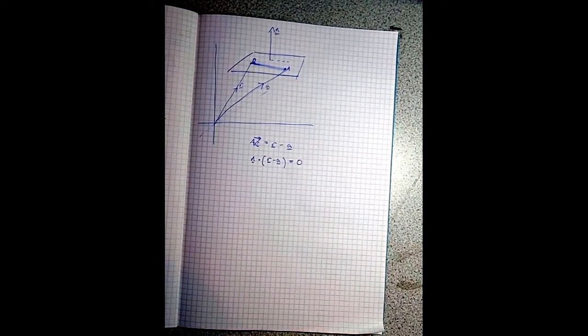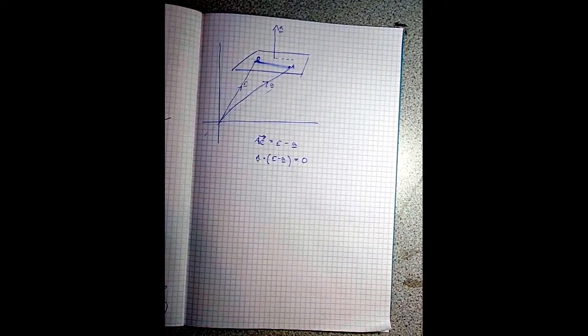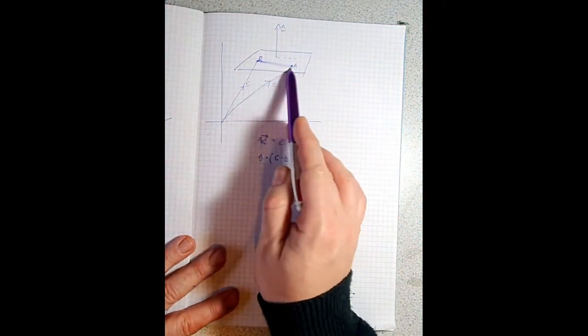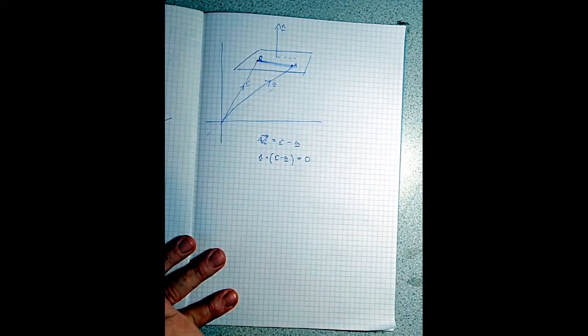Now you might want to pause and rewind and understand why I've done that, but it's true. The normal vector must be perpendicular to the vector between A and R, because that's what the normal vector is. It's perpendicular to all vectors on the plane.